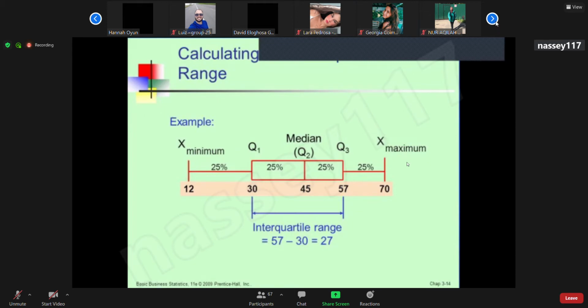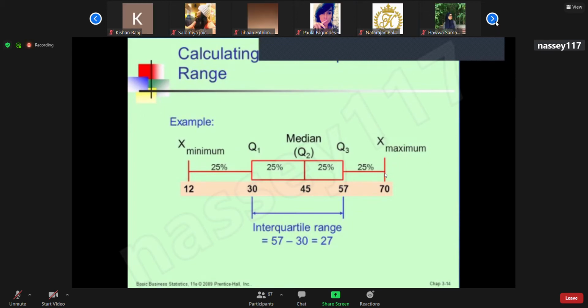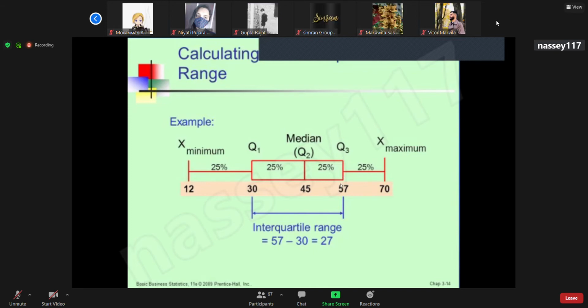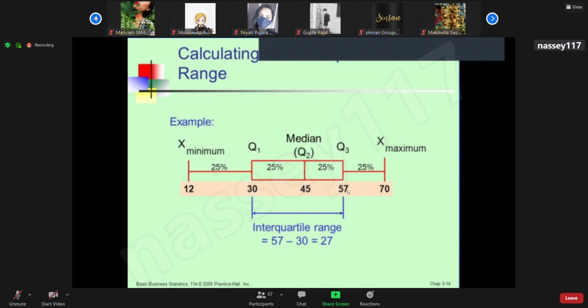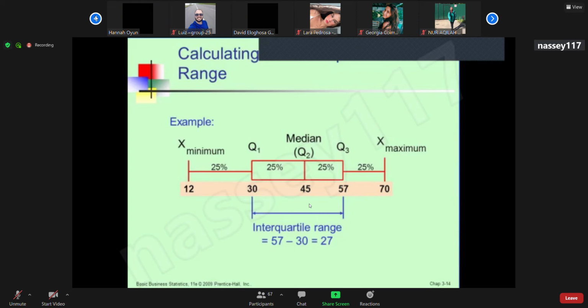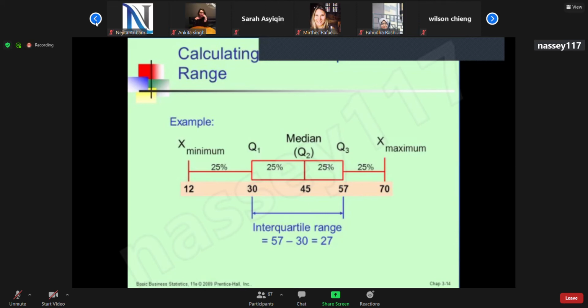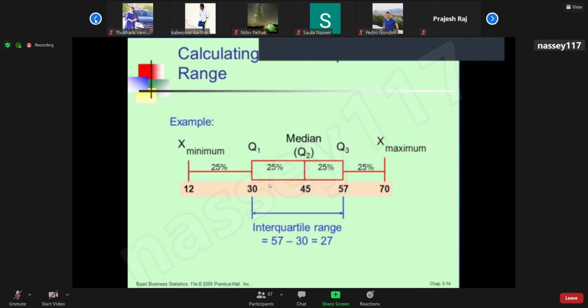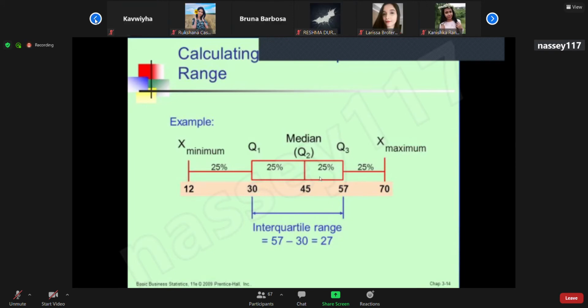For example, if you have the upper parameters from 57 to 70, 57 is called the upper quartile or 75th percentile. So the difference between the upper and lower quartiles, which is 57 minus 30, is called the interquartile range.